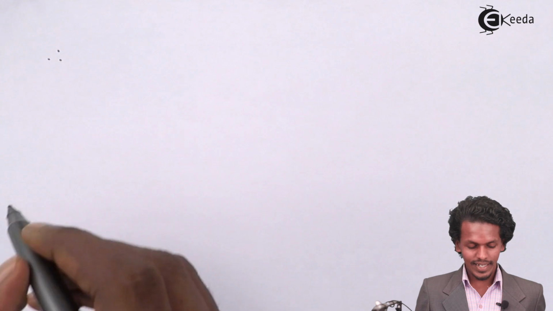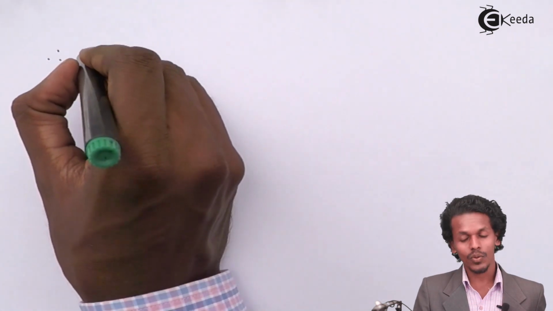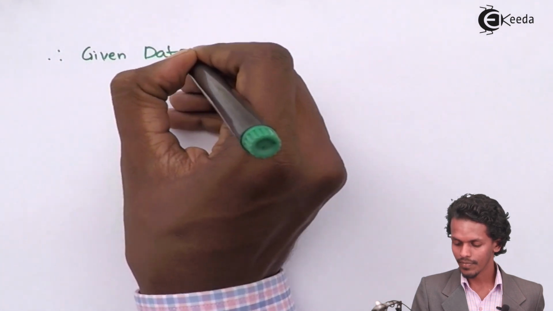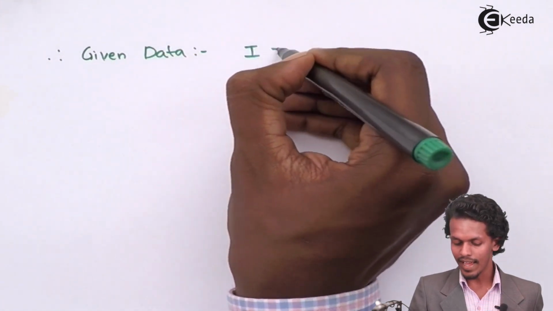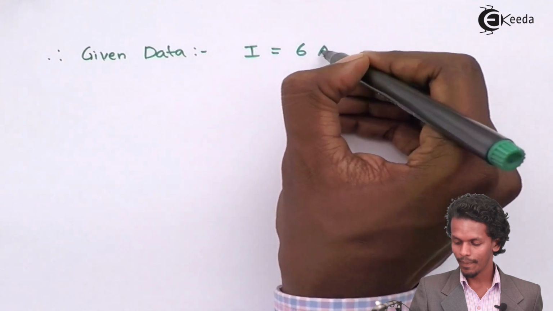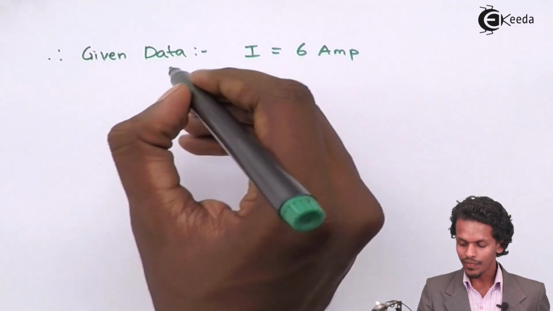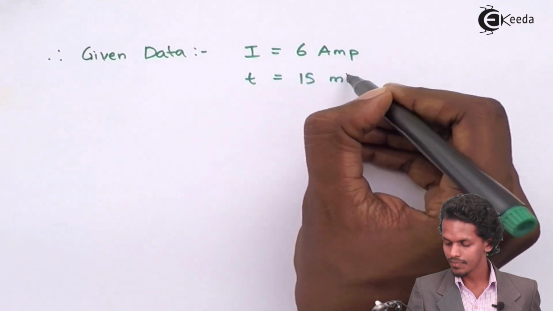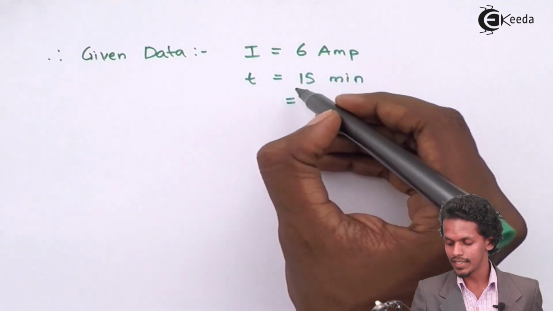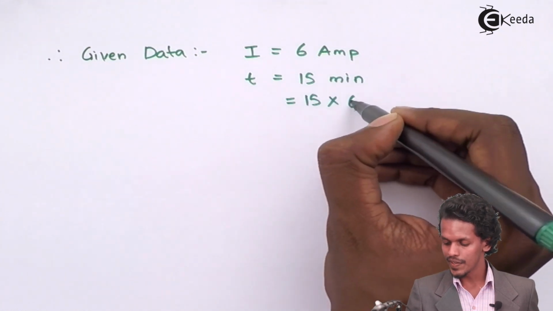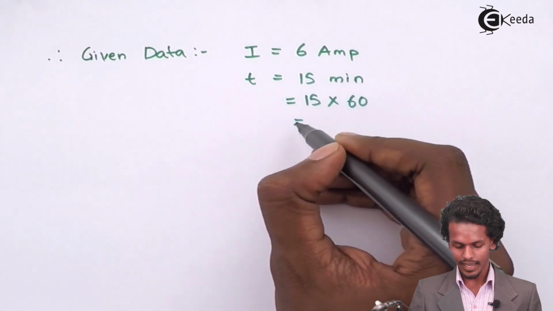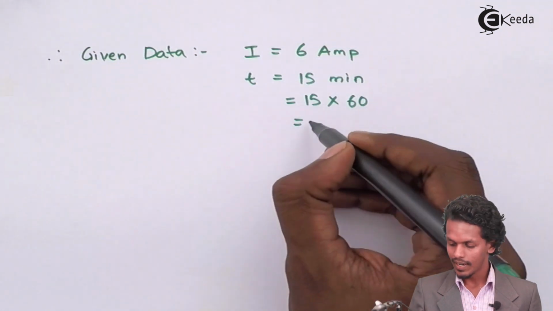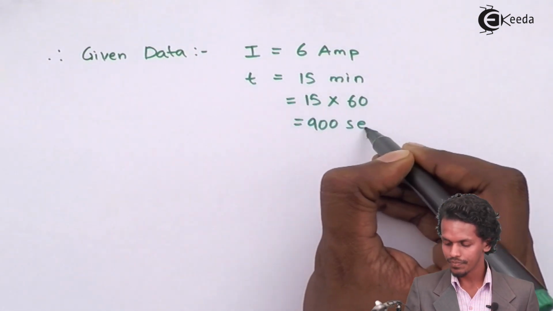The data provided to us is: current I is equal to 6 ampere, while time is given as 15 minutes, which should be converted into seconds. 15 into 60 gives us 900 seconds.